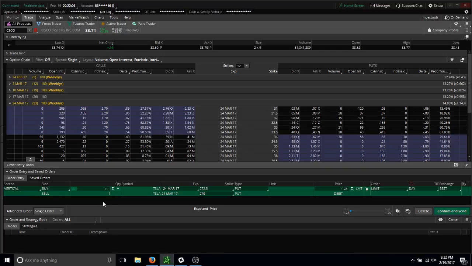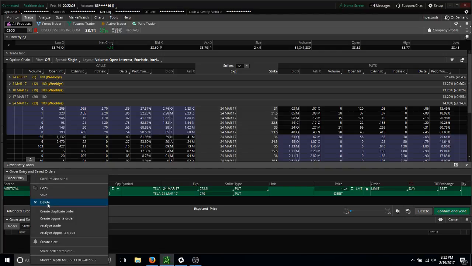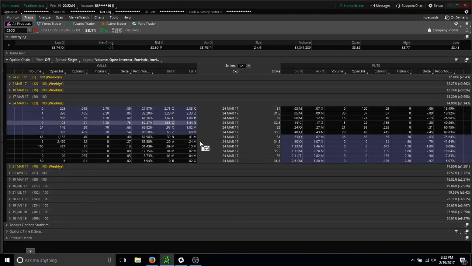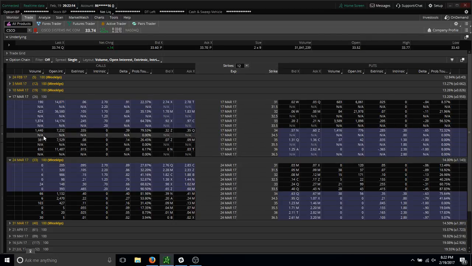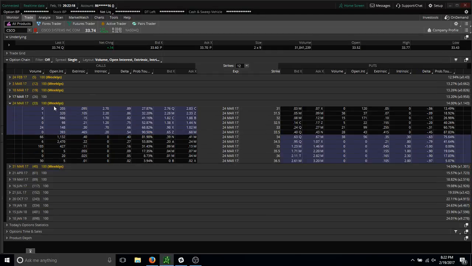So trade tab, get rid of this guy, and then we'll go in and do a put spread here. Man, that's really messing me up. Anyways, we'll go out here. Yeah, this is good liquidity on this as well, even for being a weekly.